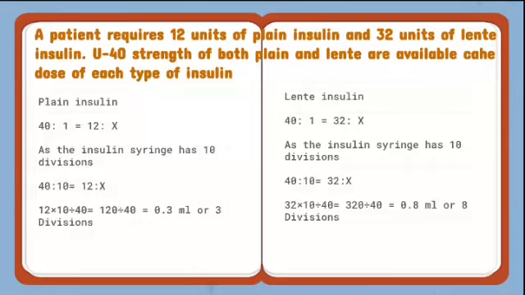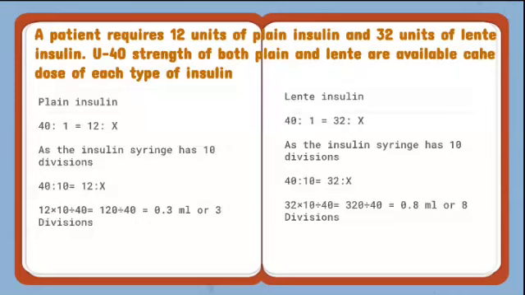So both ways, 12 into 1 divided by 40, that is 0.3 ml, or you can say 120 divided by 40, that is 3 divisions. Okay, I have put both methods so that you will get the answer in divisions in the syringe as well as ml.